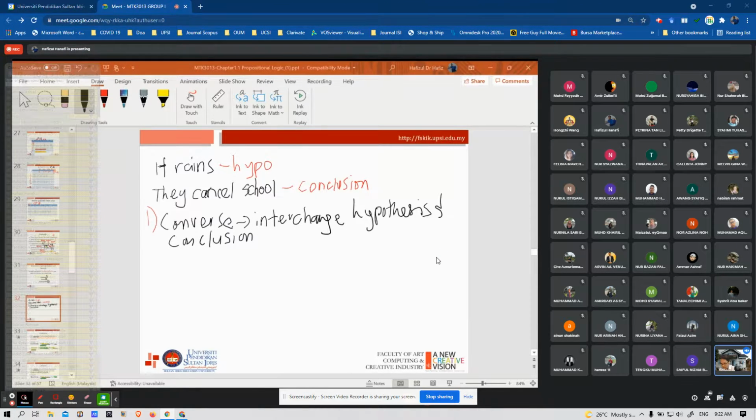How to interchange? If it rains, then they cancel school. If they cancel school, then it rains. So it will become if they cancel.